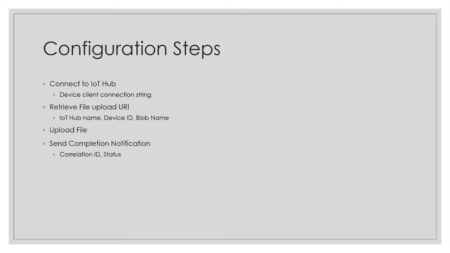The correlation ID will be linked to the file name which you are trying to upload. Using the correlation ID, you will be able to determine which file has failed and which file has successfully got uploaded.